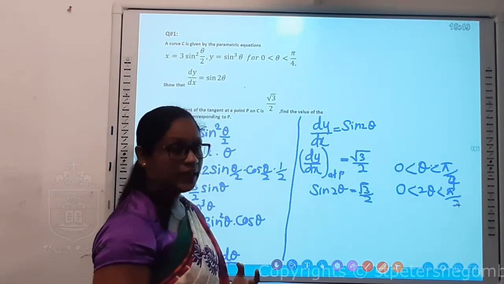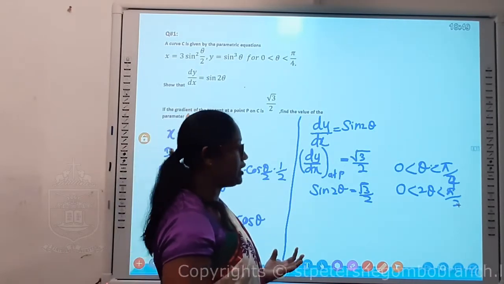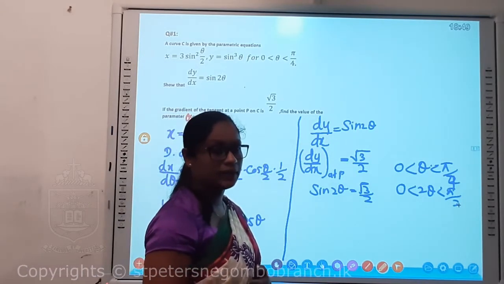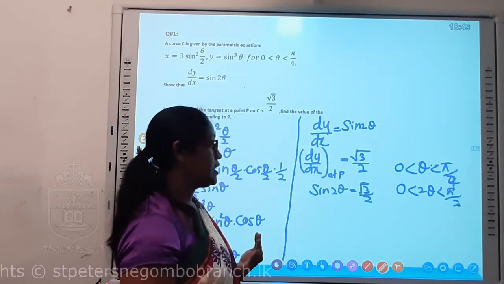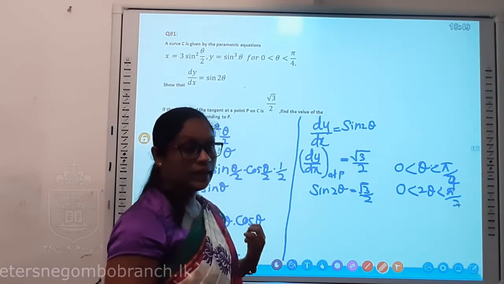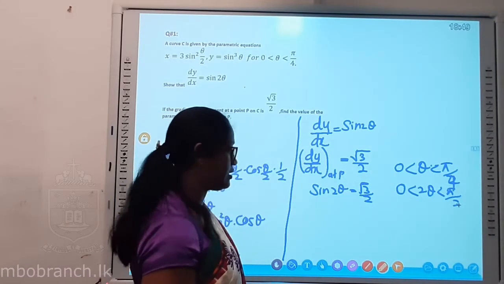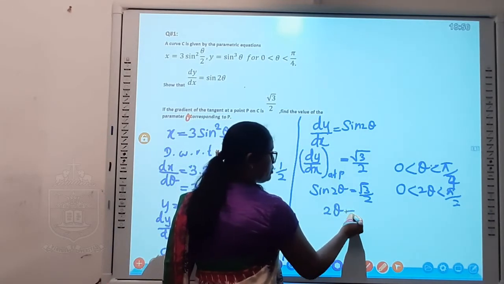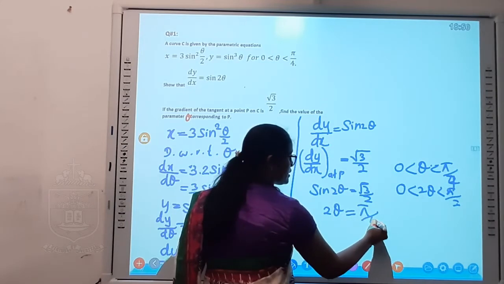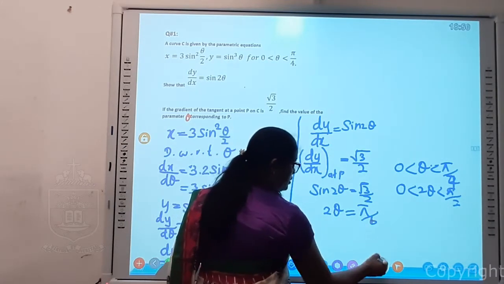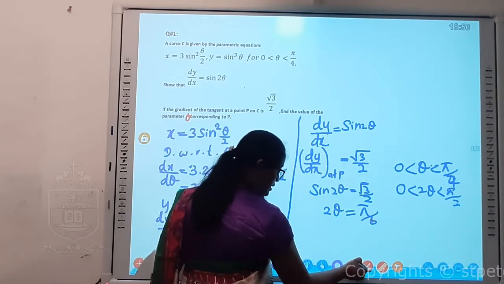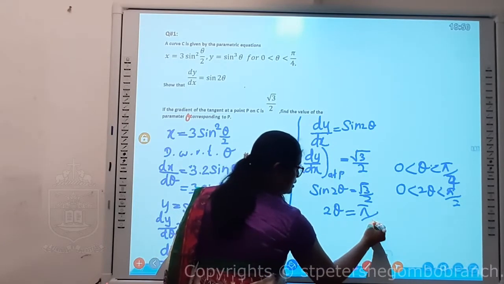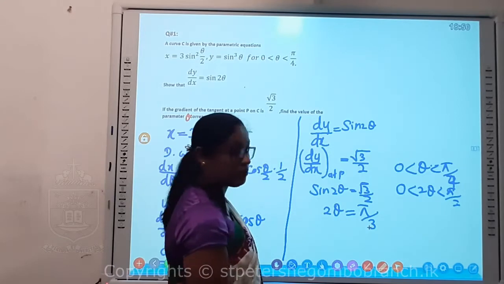So the reference angle for the sine value root 3 over 2 is what? The angle is pi by 3, right? Therefore I can write 2 theta should be equal to pi by 3.